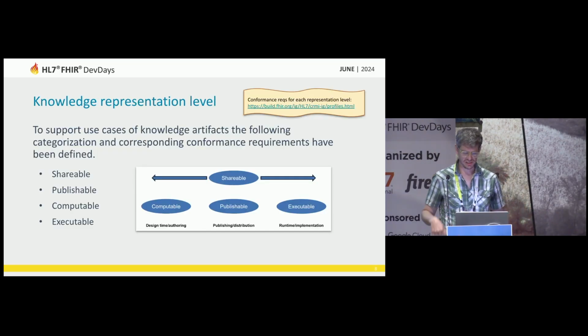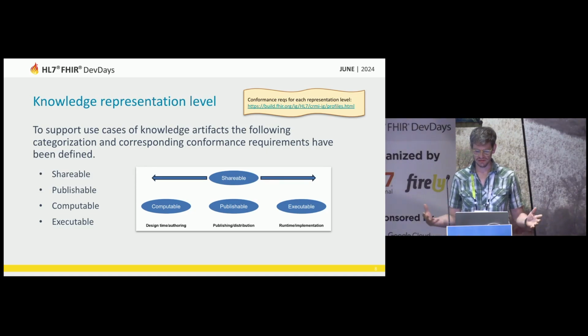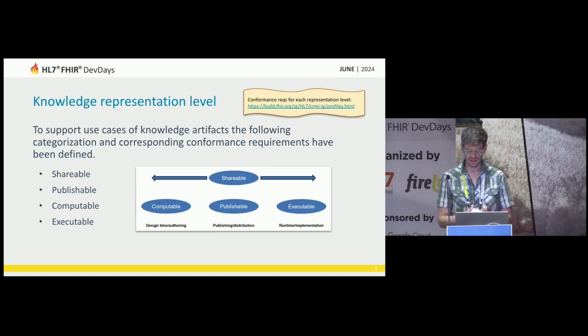There are knowledge representation levels. I'll point out some of this has been a combination of pieces of these definitions and even profiles that were spread into a bunch of different implementation guides, one about quality measures, one about practice guidelines, and so on.